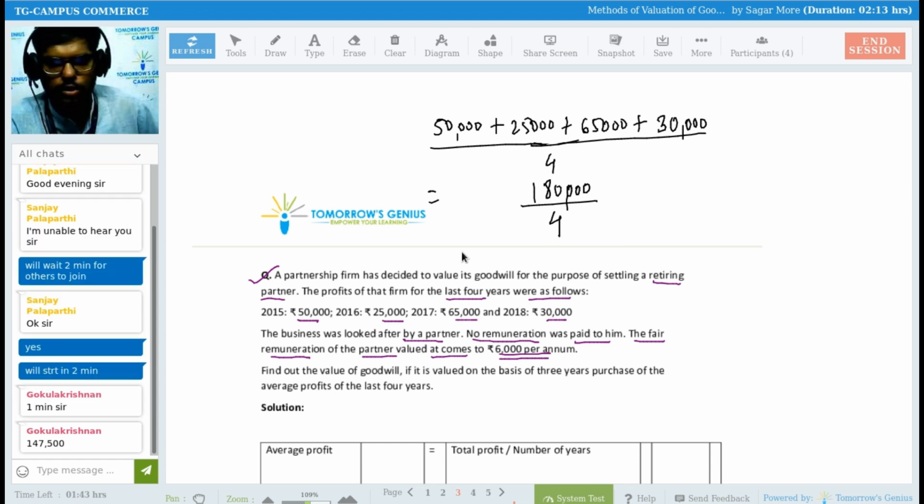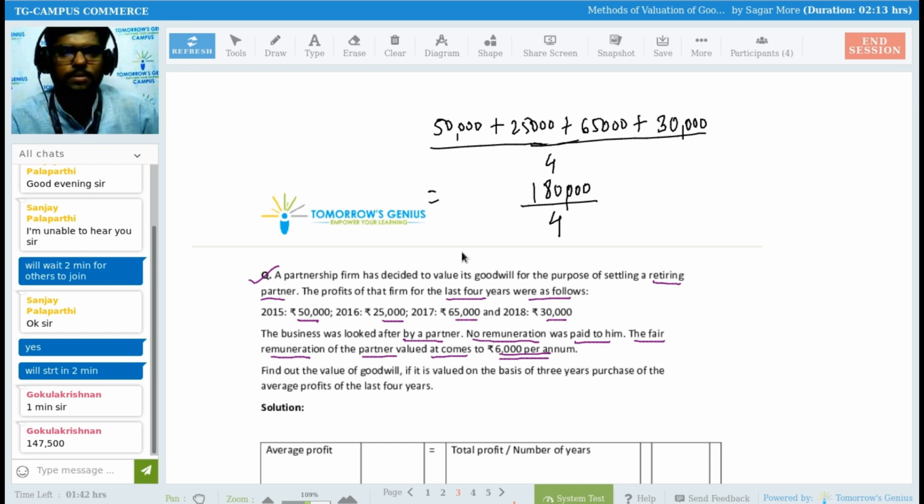Gokul is saying 1,47,500. Sir, it's 1,70,000. Total is 1,70,000. 50, 60, 70, 80, 85, 90, 90 plus 30 is 120, 120 plus 50, 170, I guess.